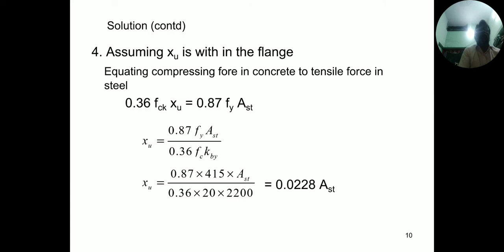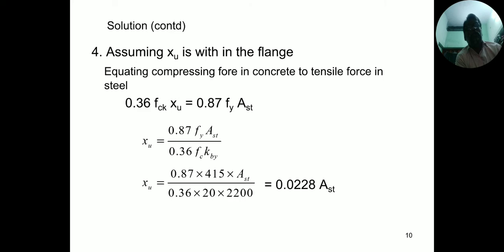Here is the equation once again: 0.36 FCK BF XU is equal to 0.87 FY AST. Solving the above equation, XU is equal to 0.87 FY AST by 0.36 FCK BF.